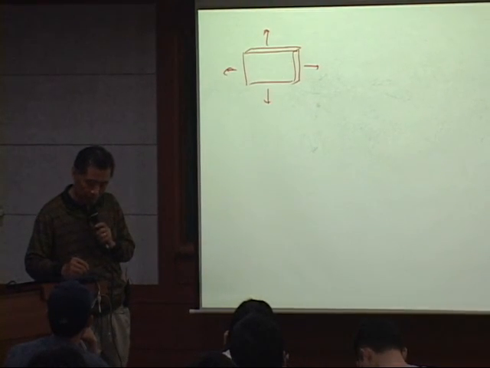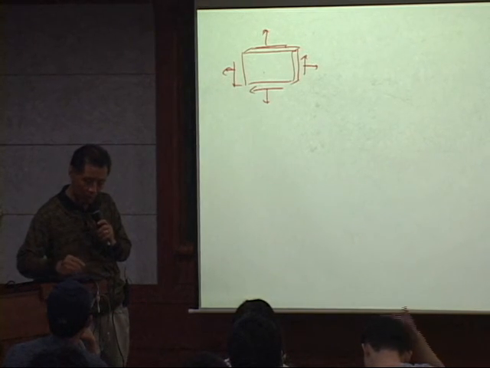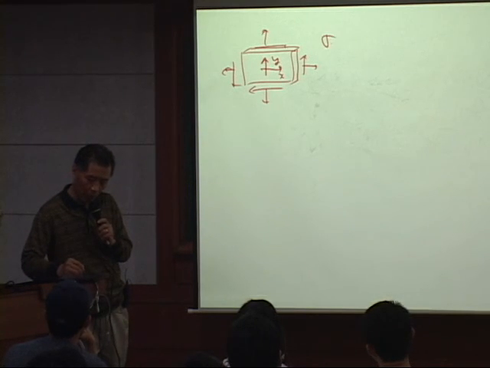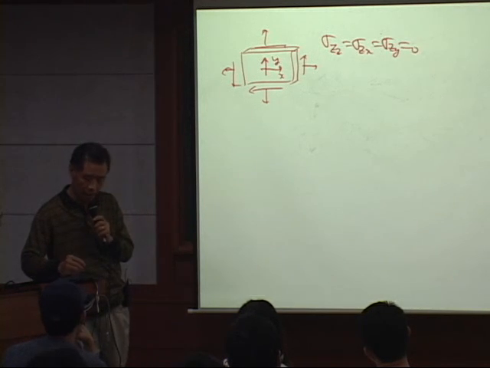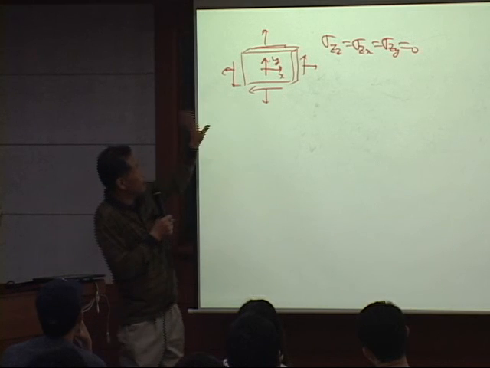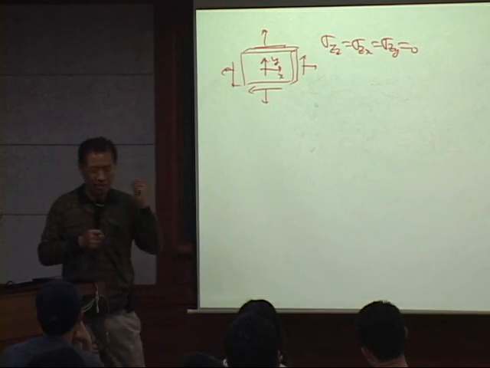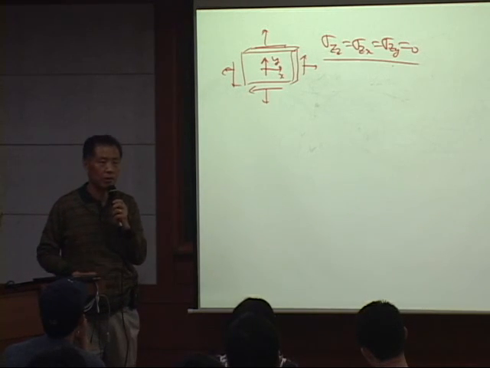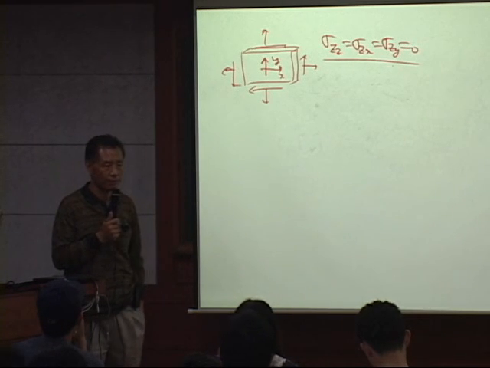As long as this stress you apply is within the xy plane, then always sigma zz, zx, and zy will be 0. Why? Because we do not apply any stress in z direction. So approximately, not strictly, but approximately, this term will be 0, even though we have some thickness in z direction.